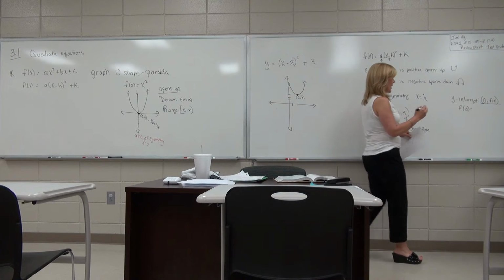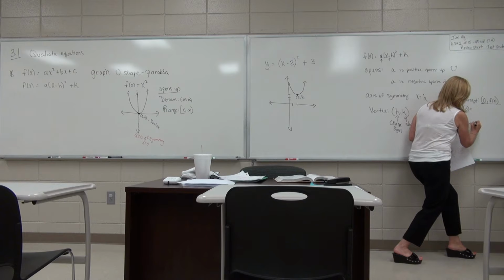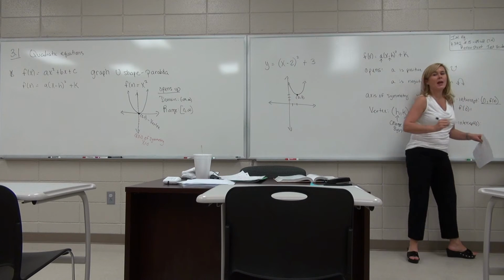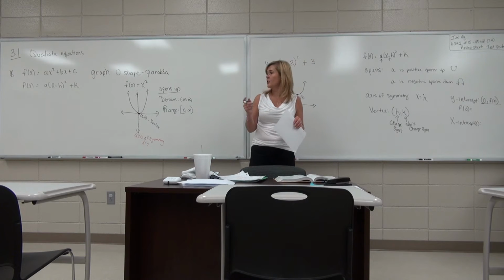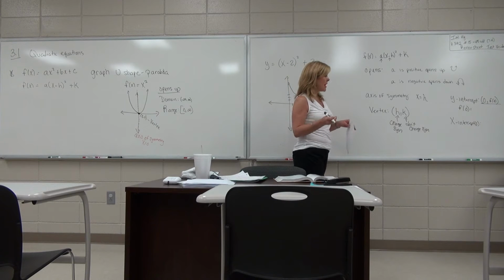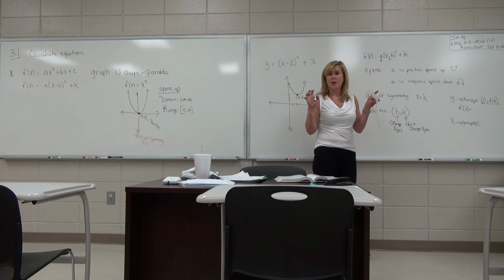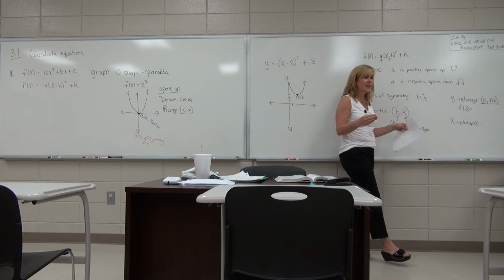Your x-intercepts, and notice I have an S on that one. On a quadratic equation, when you factor a quadratic equation, it's got an x squared. Remember I told you the highest exponent is how many answers you get? So most of the time, your answers are your x-intercepts. We solve a quadratic equation by setting it equal to 0 and factoring. Well, when you set it equal to 0, when y is 0, that's how you find x-intercepts.